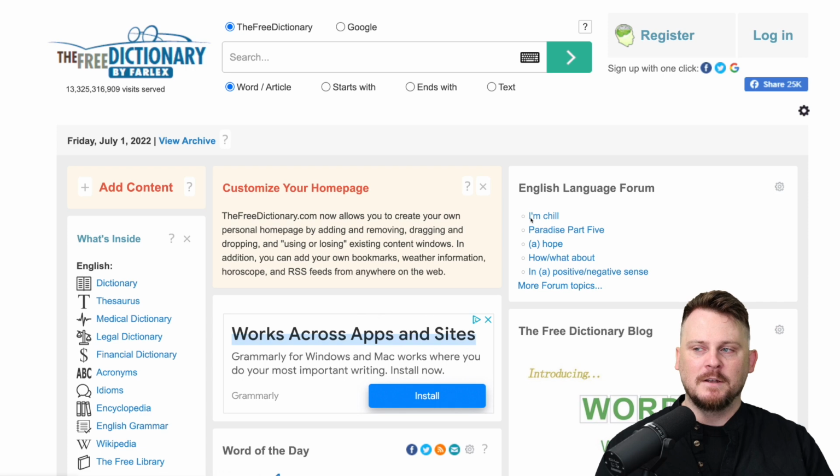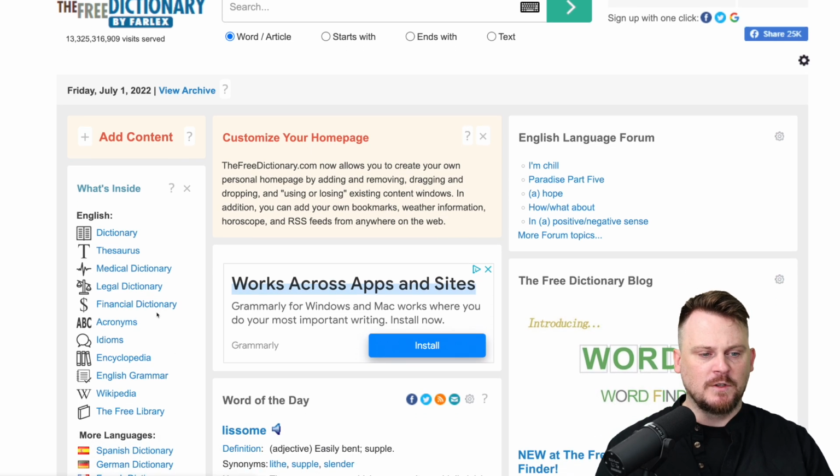Okay, so let's pop over to my favorite dictionary, the Free Dictionary. Probably sick of me talking about it, but this is my favorite dictionary for several reasons. Number one, I think the interface is good. You can use the different features: Dictionary, Thesaurus, medical and legal dictionary that has jargon, acronyms, idioms, right?